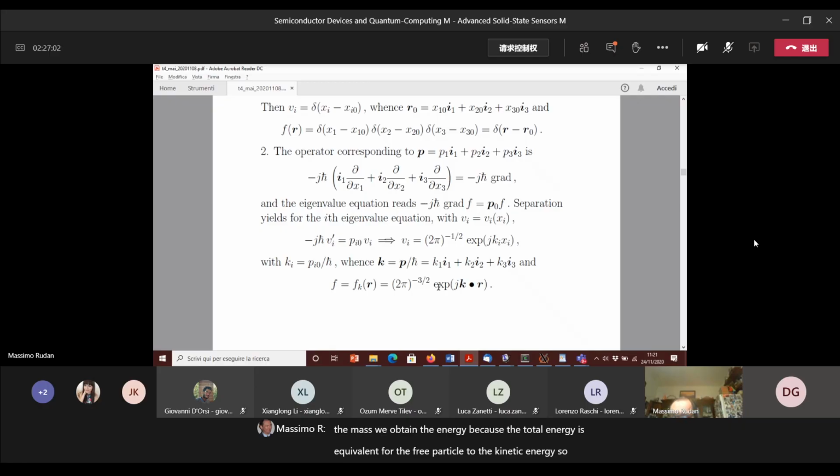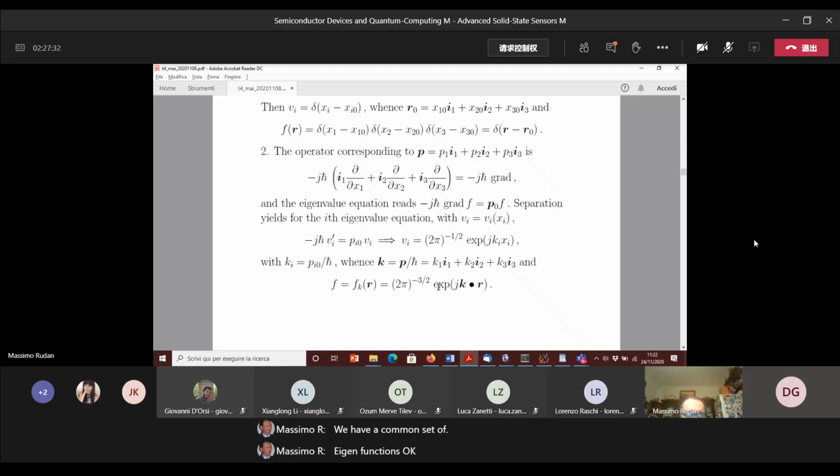So the information about momentum is equivalent to the information about energy. The converse is also true apart from the sign. If we know energy, we know the modulus of momentum. So for the free particle and for the corresponding Hamiltonian operator and for the momentum, we have a common set of eigenfunctions.